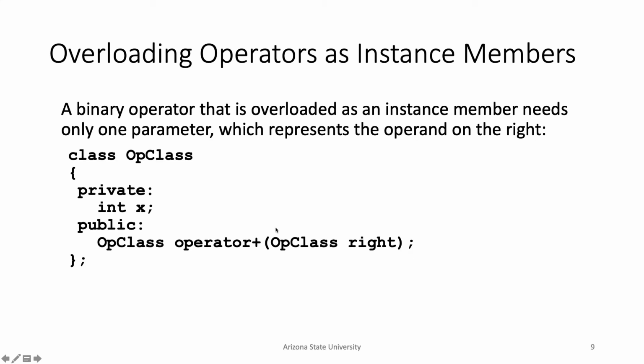So let's talk about an actual example. Here's an example of an OP class. What you do is, I want to define an object of OP class plus another object of the same type. If I add an OP class object with another OP class, then the type that's returned is probably going to be, again, OP class.